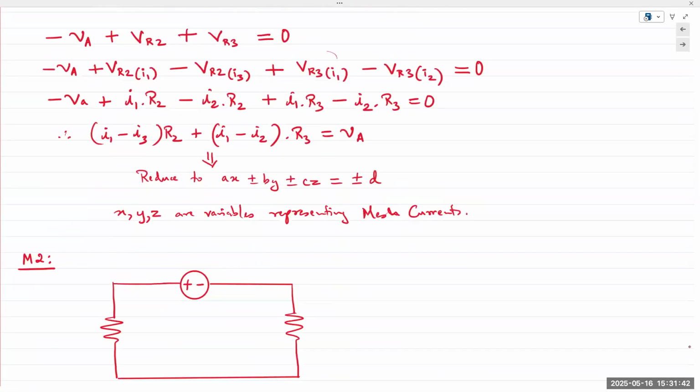Yeah, plus minus VB. This is R3. This is R4.